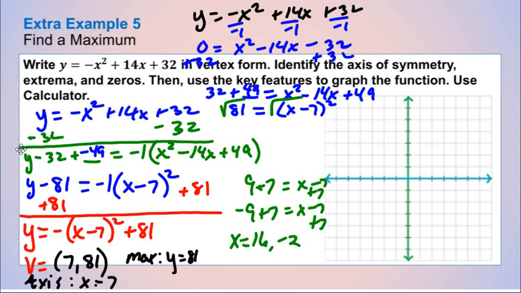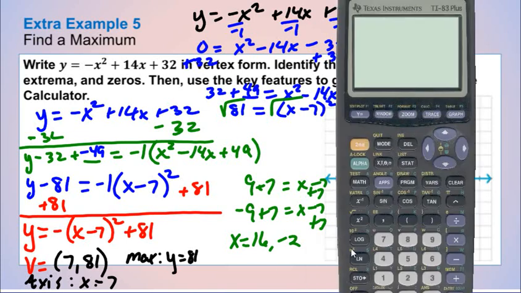So now I can take my calculator and graph it to make it a little bit easier. So now I have my y equals, I'm going to plot my equation in there. So negative x squared plus 14x plus 32.